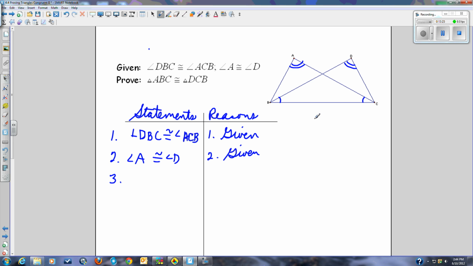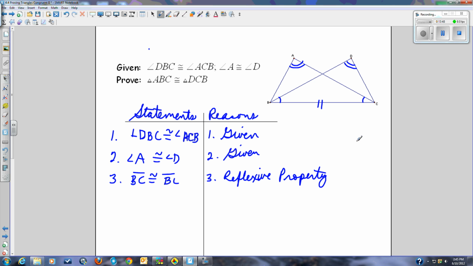Third thing that we know is that both triangles share the side BC. So BC is congruent to BC, so we can just mark that. I'm going to use two lines to mark that. And anything congruent to itself uses the reflexive property.